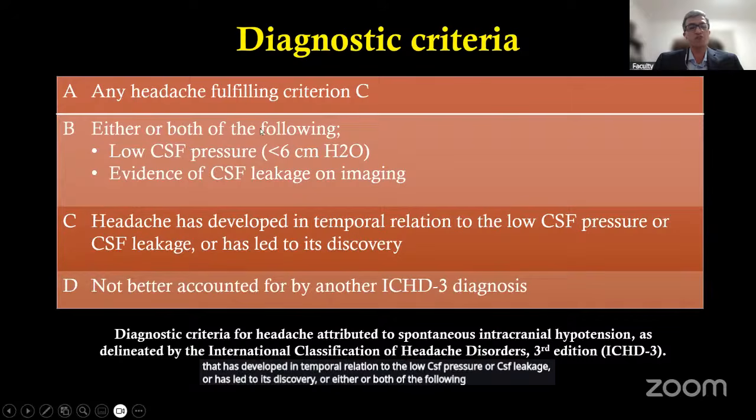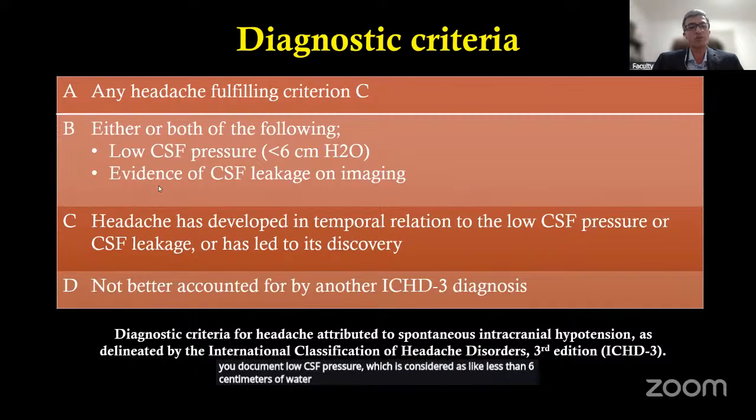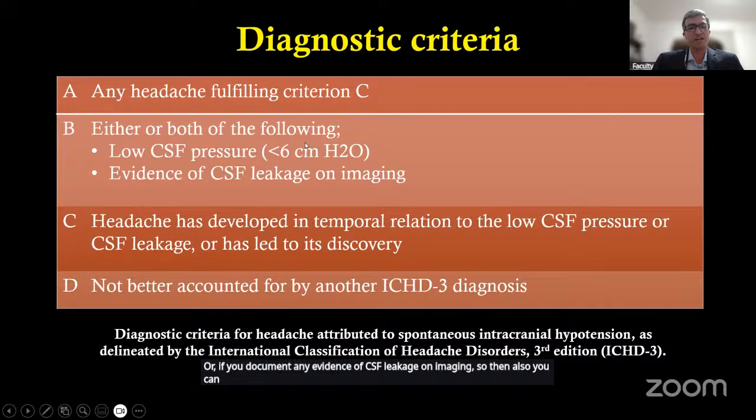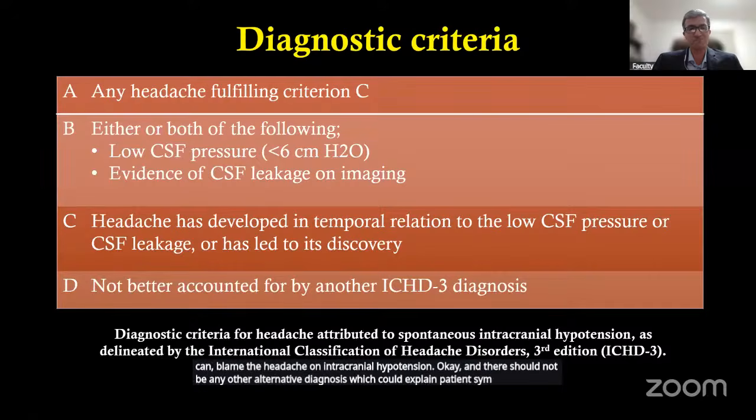That means if you document low CSF pressure, which is considered less than 6 centimeters of water, or if you document any evidence of CSF leakage on imaging, then you can blame the headache on intracranial hypotension. And there should not be any other alternative diagnosis which could explain the patient's symptoms.